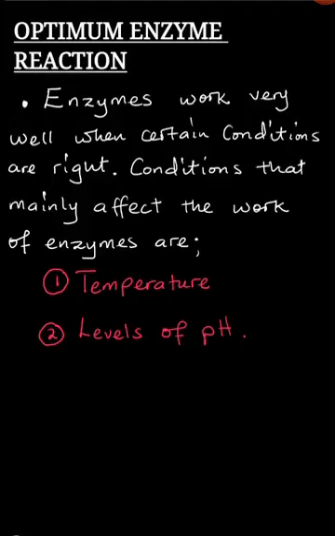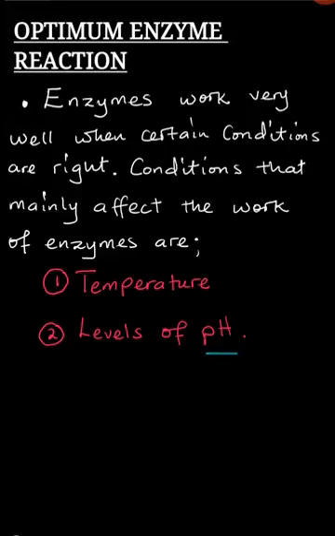Okay? So, you should also understand the fact that conditions that mainly affect the work of enzymes are, number one, temperature. So, the temperature of an environment affects the way these enzymes work. The other condition that affects the work of enzymes is the levels of pH.